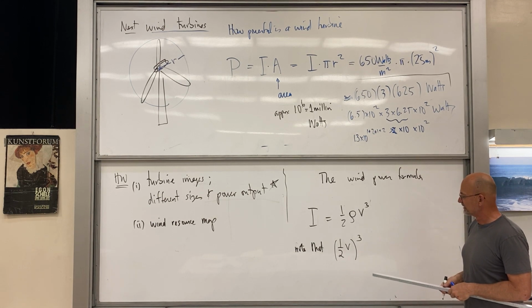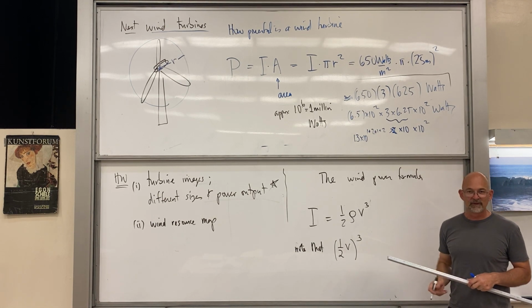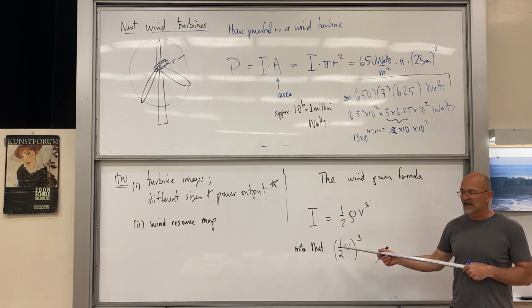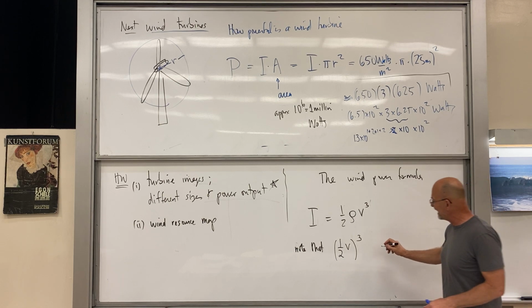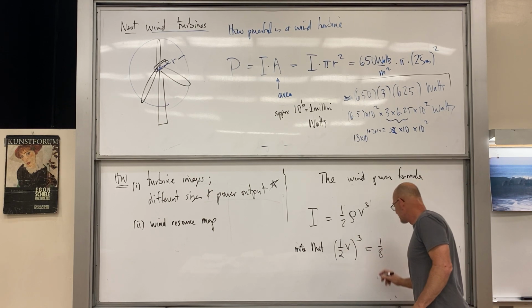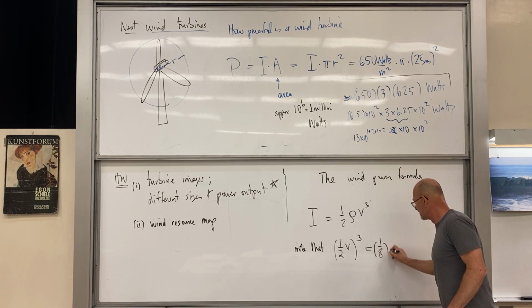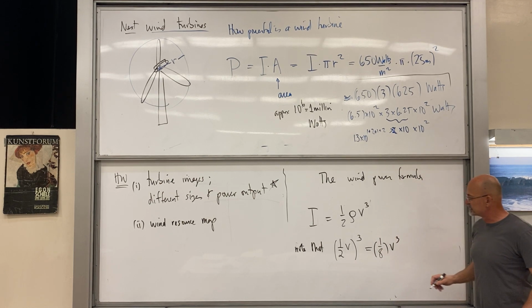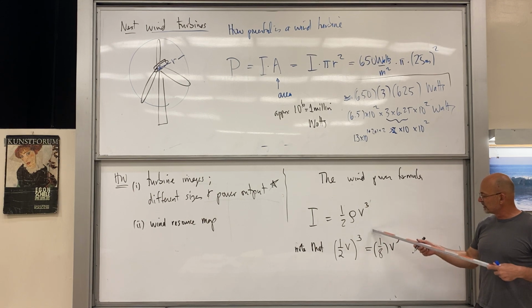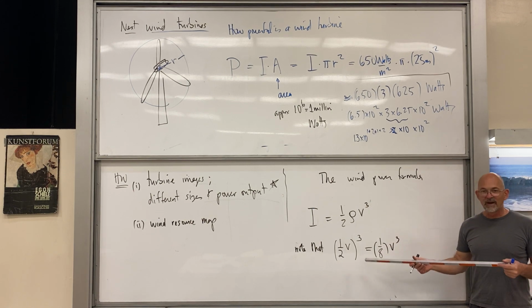Okay, so from 24 to 12 miles per hour, right? So half speed, it still seems like a pretty decent wind. Okay, half the speed, but 1/2 cubed is 1/8. So if the speed decreases to 1/2 of the original speed, the power decreases to 1/8.